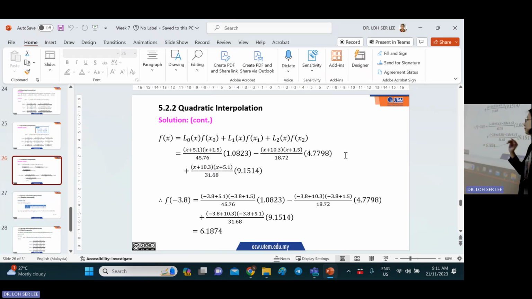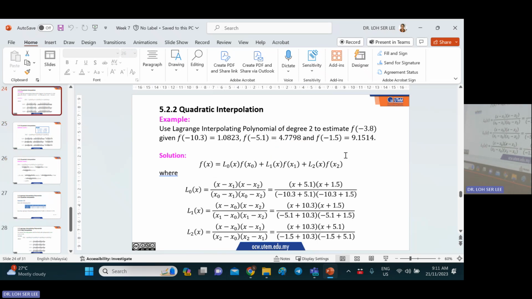Then we get this. You get bracket 1.0823. These are taken from the points. You are given these points. This is x, this is y: x0, y0, x1, y1, x2, y2. Or we can address these as f(x0), f(x1), f(x2).